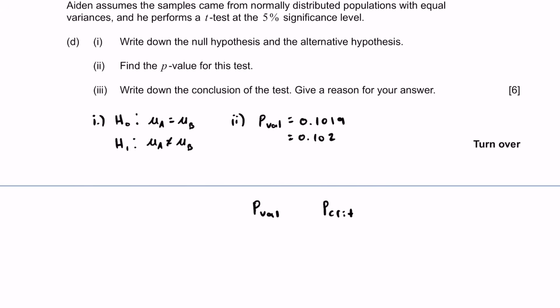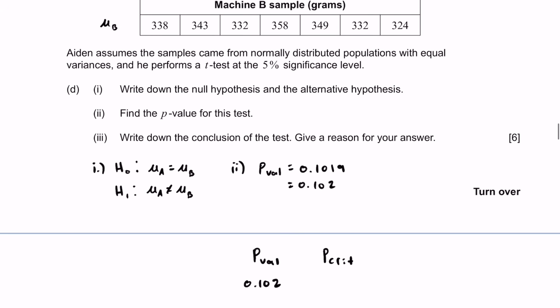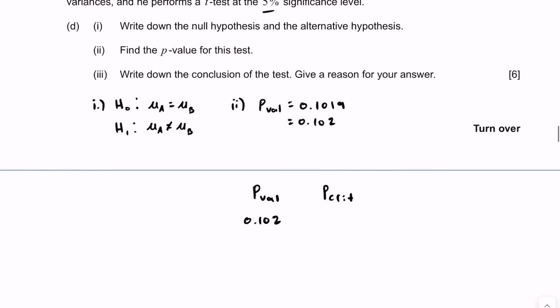Our p-value that we found was 0.102. Since our significance level is always as a percentage, I'm going to actually convert this to a percent as well. So multiply by 100, or just move the decimal place over 2. This is 10.2%. And our significance level itself was 5%.